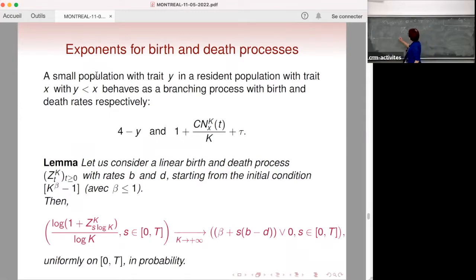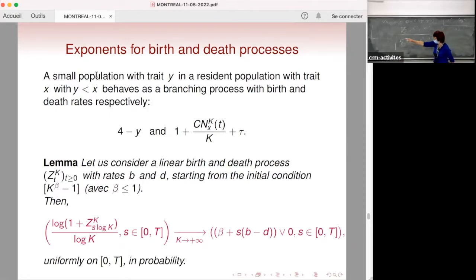That's not surprising, of course, since if you consider the expectation, with initial condition K^beta, of this birth and death process at time t, it's K^beta times exponential of (b minus d)t.